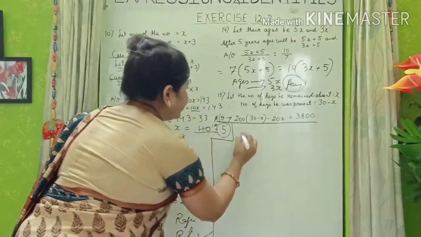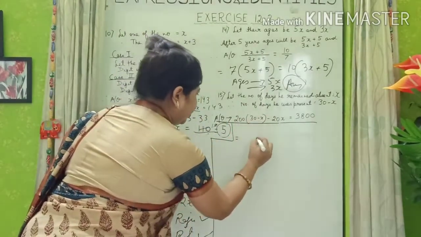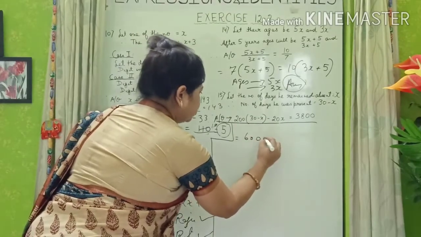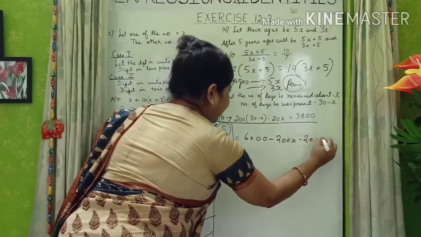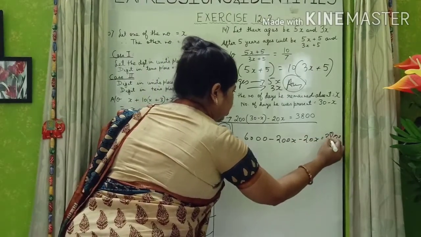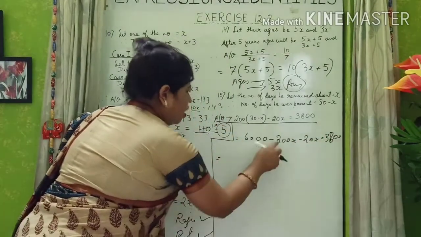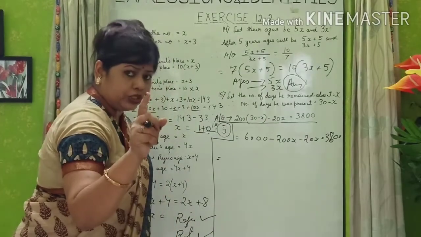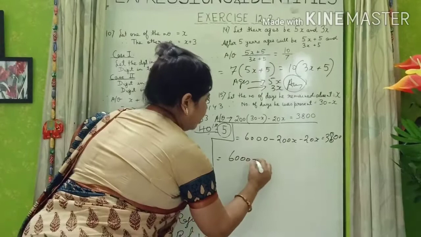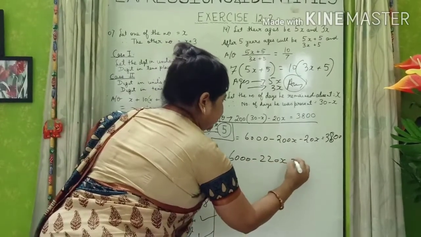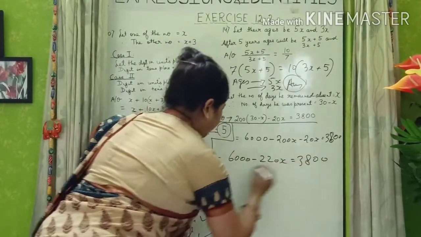Now you solve this. 200 into 30, 6,000 minus 200x minus 20x equals 3800. Next, minus 200 minus 20, add up, minus 220. So 6,000 minus 220x is equal to 3800.